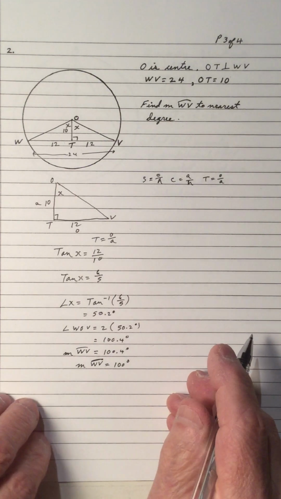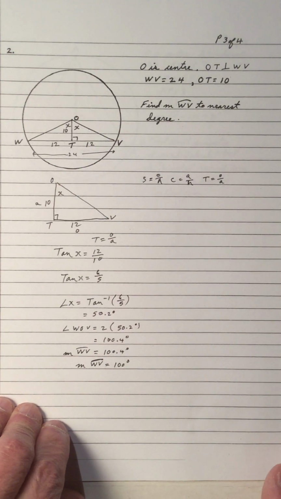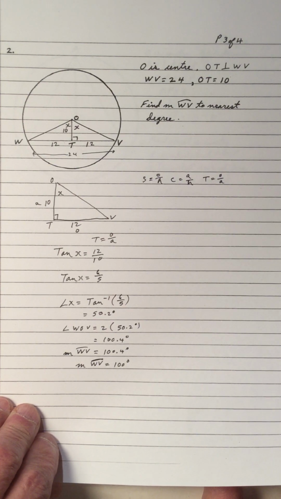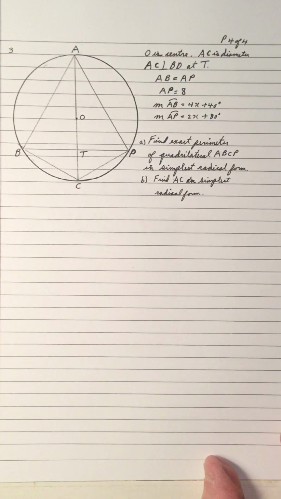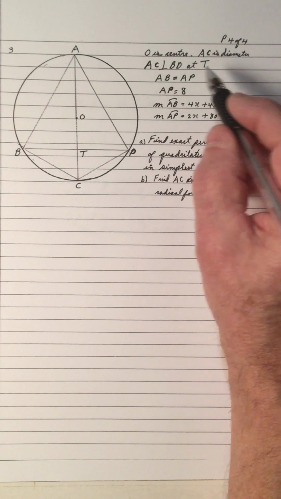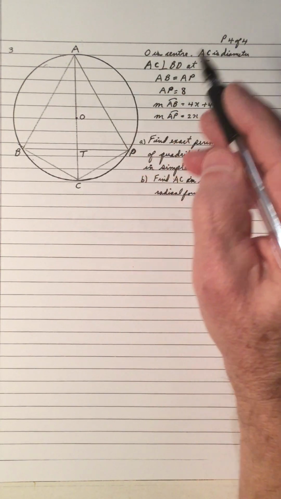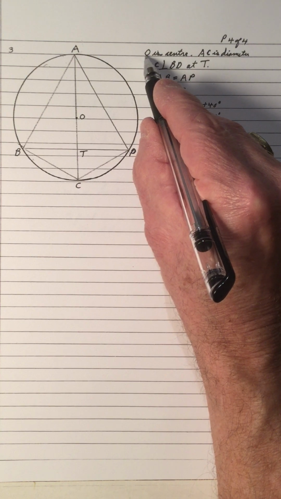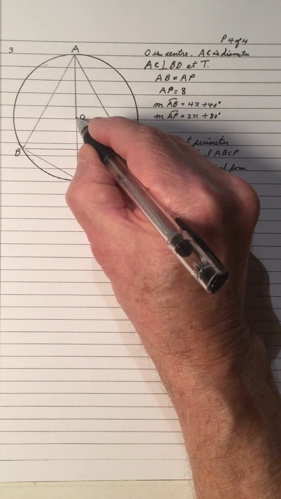Again, using a bit of extra math along with the topics we're doing here on circles helps integrate the math and understand. Now we have another question, and as you can see, you have a circle here. We have O is the center.